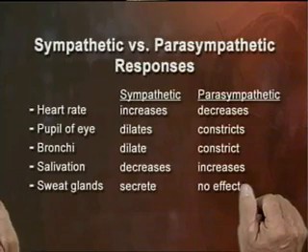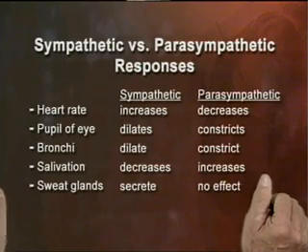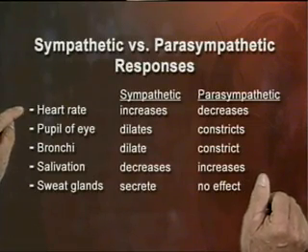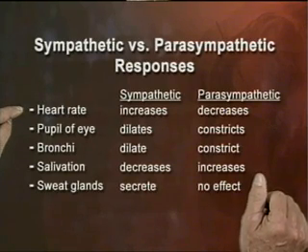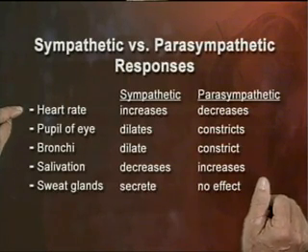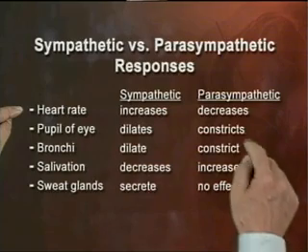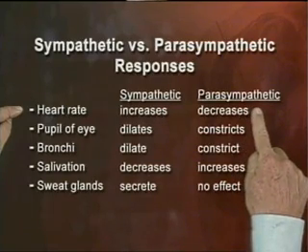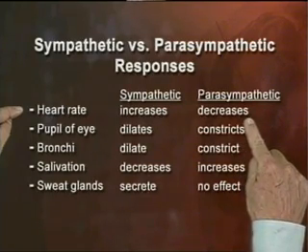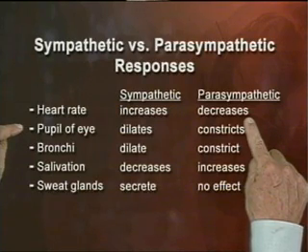Let's take a look at some of the typical locations here on a graphic of some autonomic effectors. You know that the heart, cardiac muscle tissue, is one, and under the influence of sympathetic impulses, the heart rate increases. It also contracts with more vigor as well. Under the influence of parasympathetic stimulation, the heart rate decreases. We've already talked about what happens in the pupil of the eye.